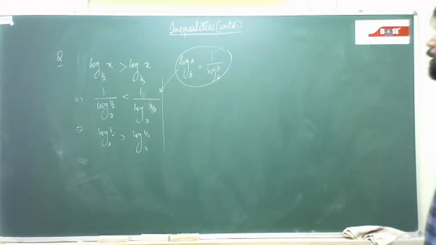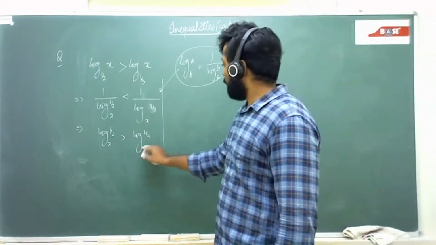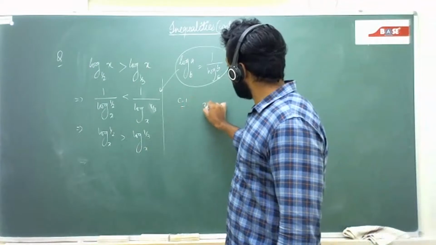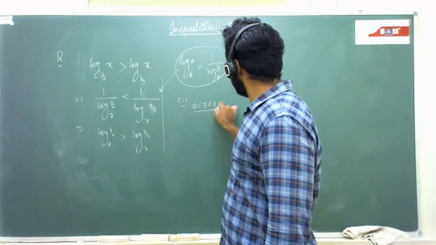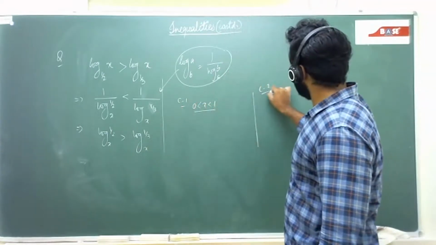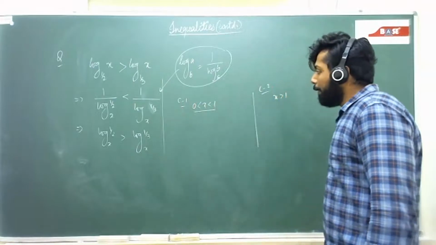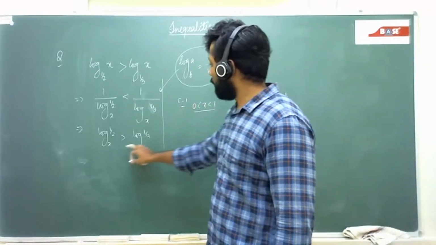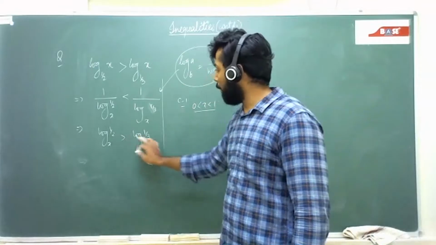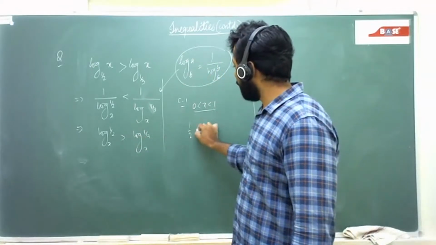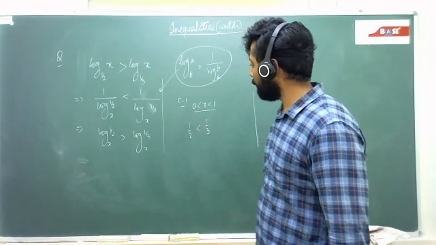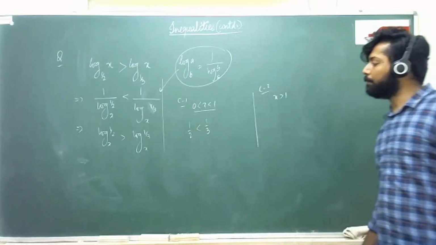Now, if you look at this, two cases again. x is between 0 and 1, and the other case is x is more than 1. When x is between 0 and 1, so that is monotonic decreasing. So if you remove logs, so half is less than 1 by 3. That's what we are getting.